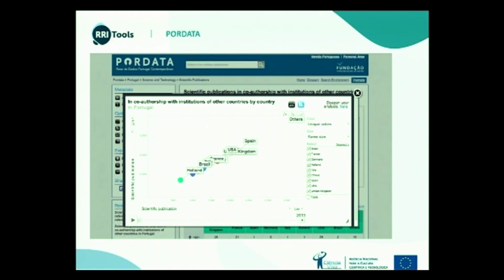Because, as we know from the idea of meaningful openness, we can't really know what numbers or other information represent without knowing the context of data.